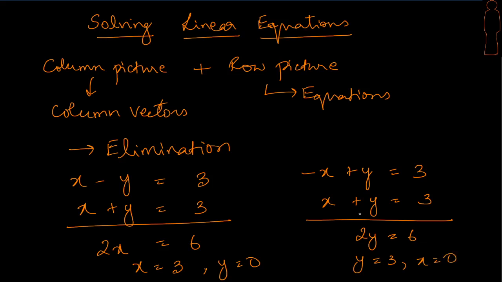Now we see something interesting. In the first case, we identified that adding the equations would cancel the y's, so I can calculate the x and then use this value to find the y. But when we move here, with the same technique of adding the equations, the change is that we get the y value now.